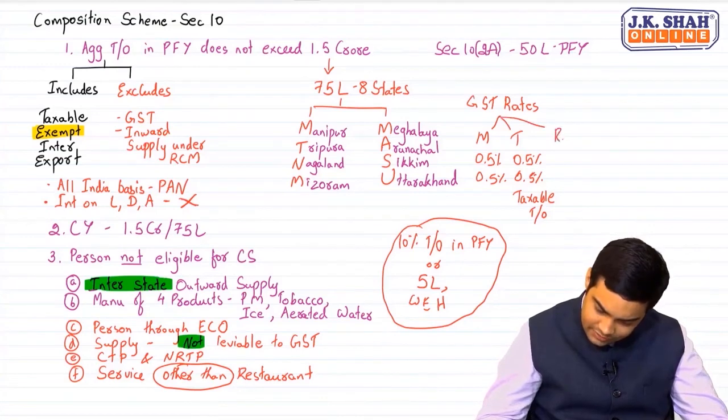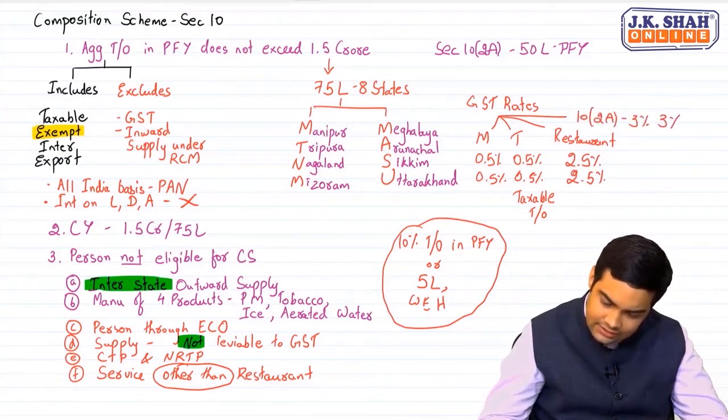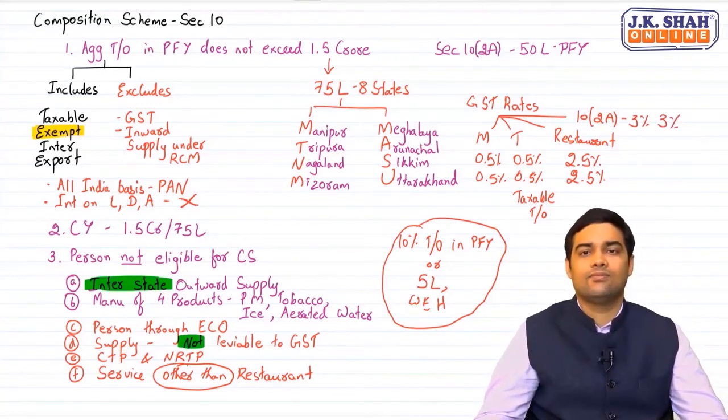Restaurant person. Now restaurant person would pay 2.5% CGST, 2.5% SGST. And for a person covered under 10(2)(a), the rates given is 3% CGST, 3% SGST. So these are the GST rates applicable for composition scheme.